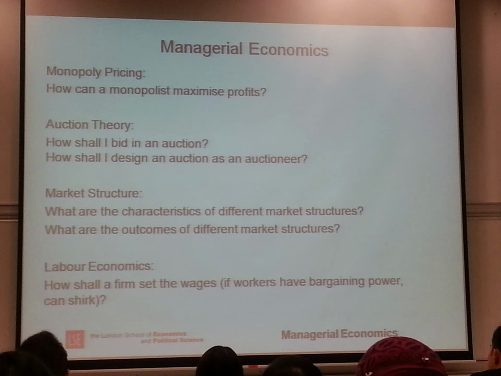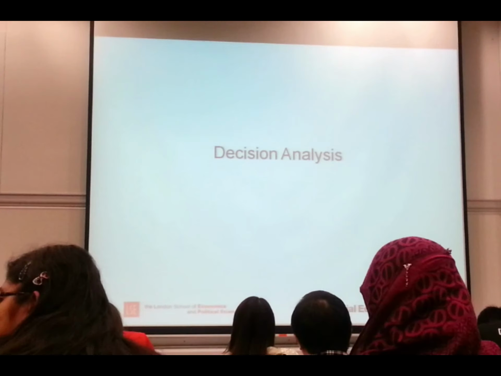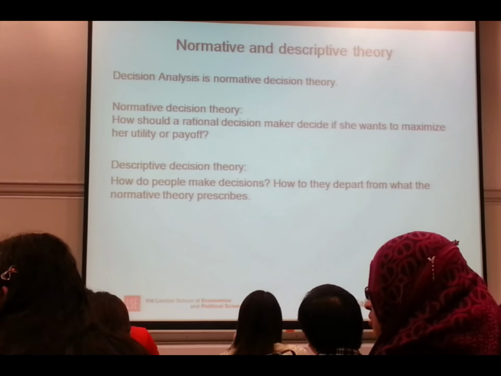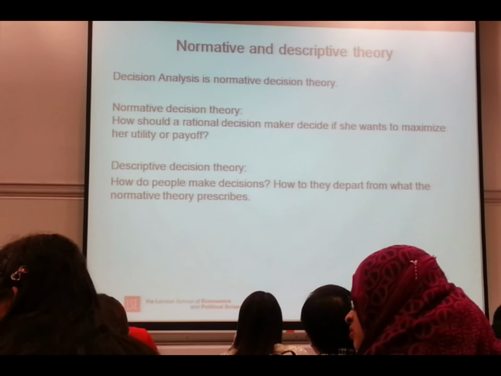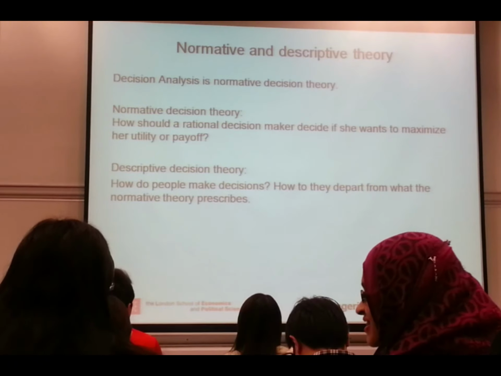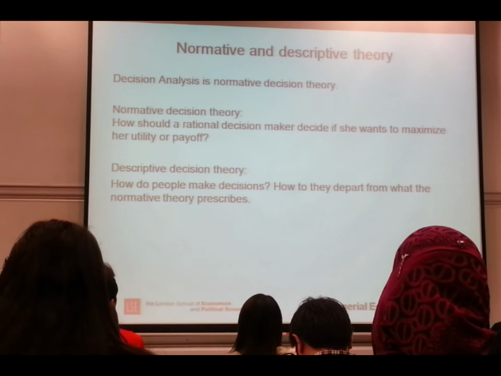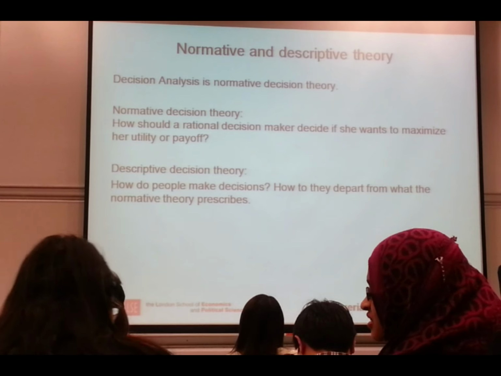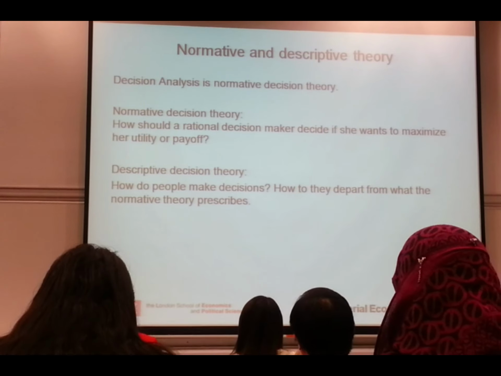Two topics in the course in managerial economics, so that's why we're going to start with that. And decision analysis is normative decision theory. In other words, when we do decision analysis, we're going to try to find out how someone should make decisions, how a decision maker should make decisions if he wants to maximize their utility.